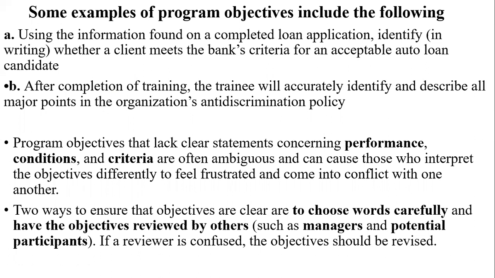Now, program objectives that lack a clear statement concerning performance, conditions, and criteria, the three qualities that Mager identified, are often ambiguous and can cause those who interpret the objectives differently to feel frustrated and come into conflict with one another.